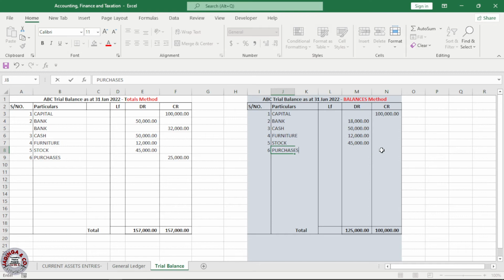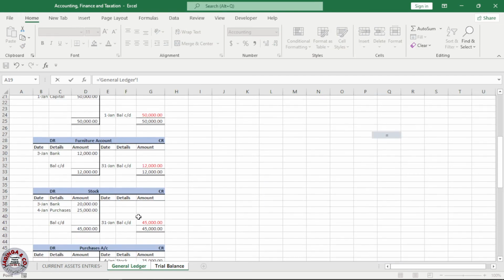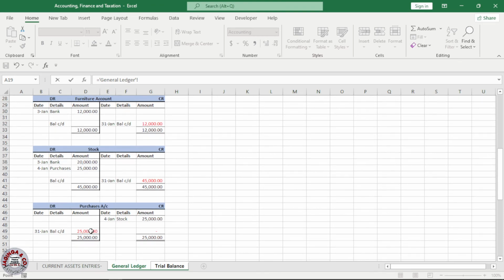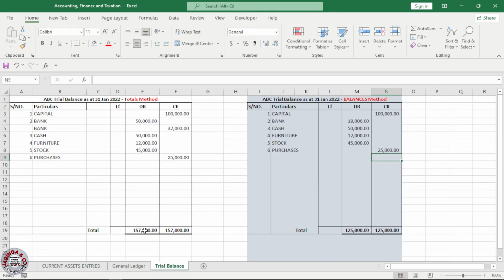Under purchases account, we have a credit balance. So when you check the debit and credit totals in the balances method, they are balancing. So it means that our trial balance is correct.